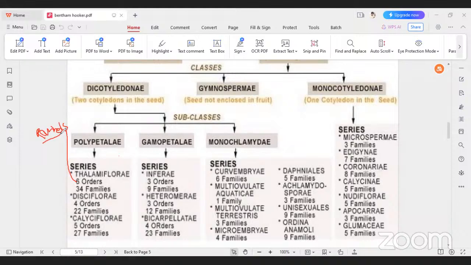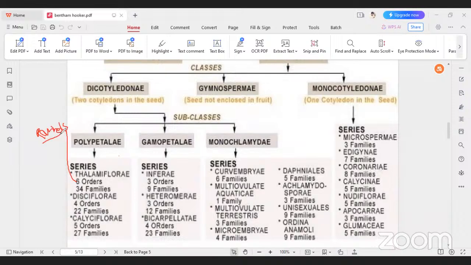And the second order, Parietales. In Parietales, the carpels are fused, the ovary is unilocular, with marginal placentation. These are the characteristic features of Parietales. In Ranales, stamens are free and carpels numerous, but here carpels are fused, with a unilocular ovary and marginal placentation.